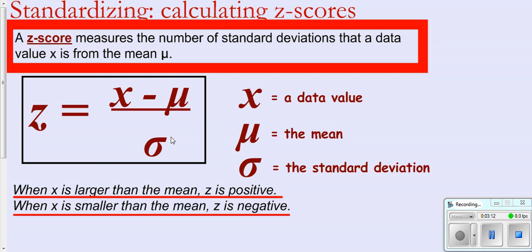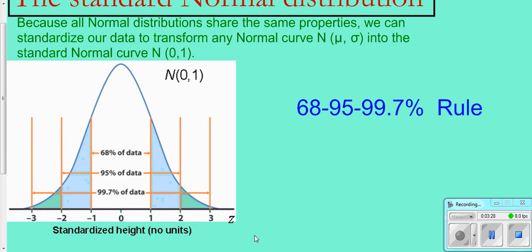Here's our formula for z-scores. We have x, which is our particular data value that they're asking us about. Then we have our mean of the data that we're dealing with over our standard deviation of the data. Now, if your data value is above the mean, your z-score is going to be a positive number.